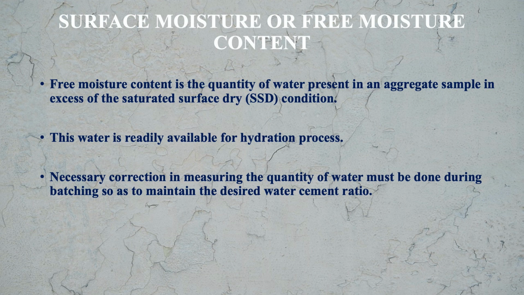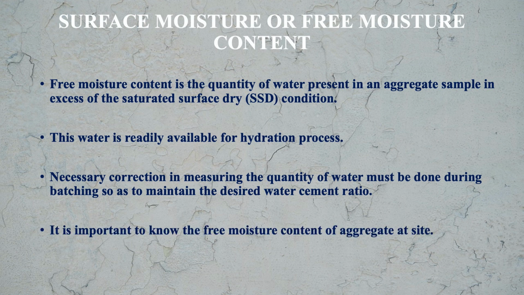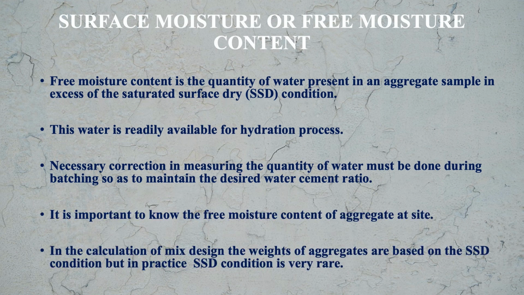So that way necessary correction should be done for this available water basically. And it is important to know the free moisture content of aggregate at site basically, where you are preparing the concrete.